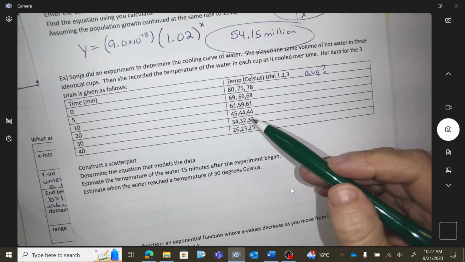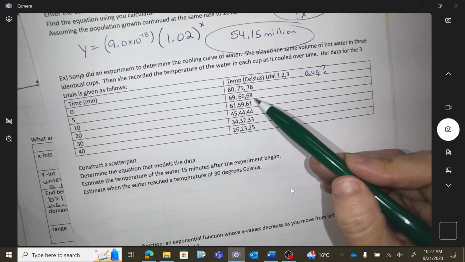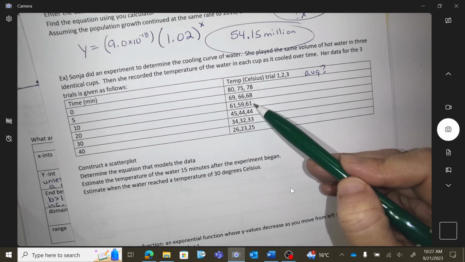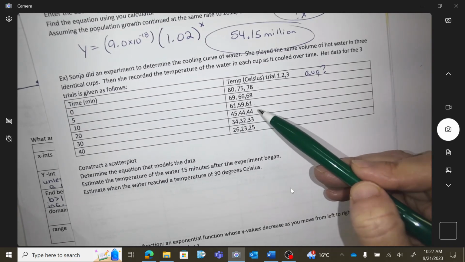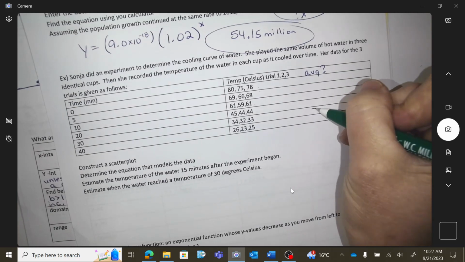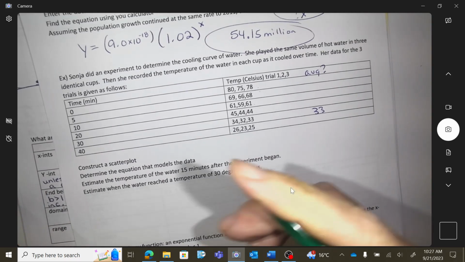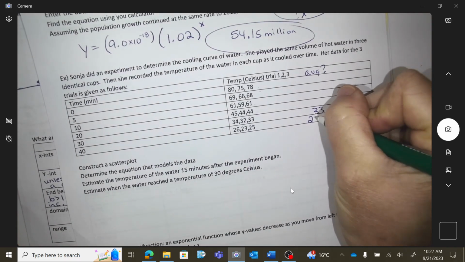Let's split up. Caius's row, can you get the average? Jaden's row, average. Lane's row, average. Artemis's row, average. And I'll do the last 2. We're going to go 2 decimal places, right?